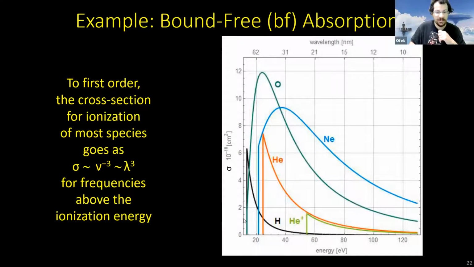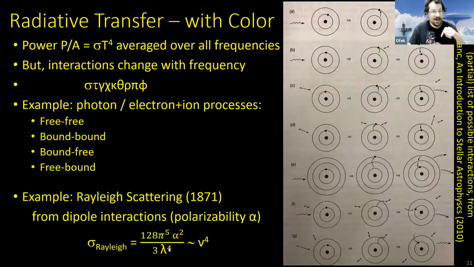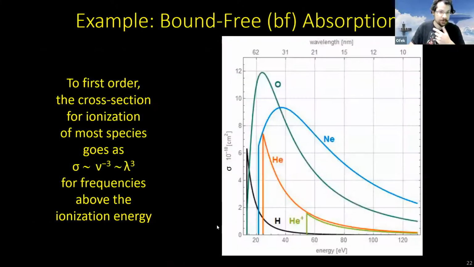So it's not just a delta function or a jump function. It's a jump and then a power law decrease, which is also color dependent. Notice this is exactly the opposite color dependence of Rayleigh scattering, because this cross-section goes up with wavelength, down with frequency. Rayleigh scattering went down with wavelength and up with frequency.